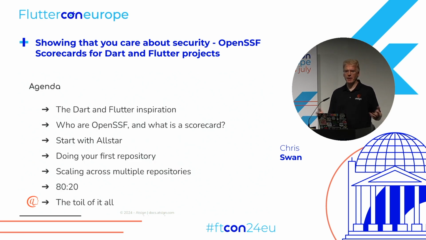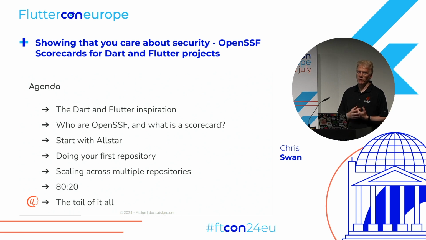So in the 40 minutes or so that we've got, this is what I'm planning to run through. I'll start out with how we were inspired by Google's Dart and Flutter teams to begin this journey. They started doing this stuff ahead of us. They talked about it, and that provided the inspiration.